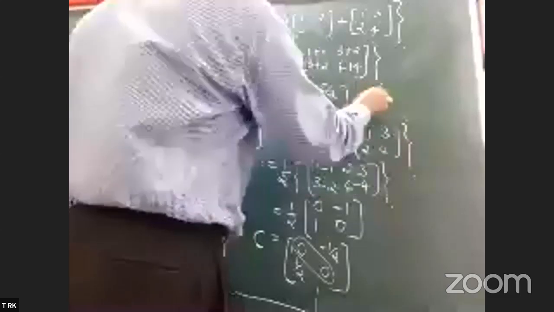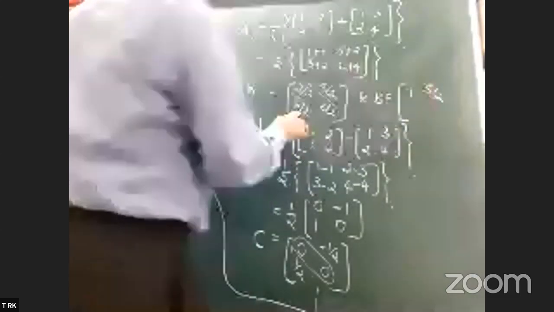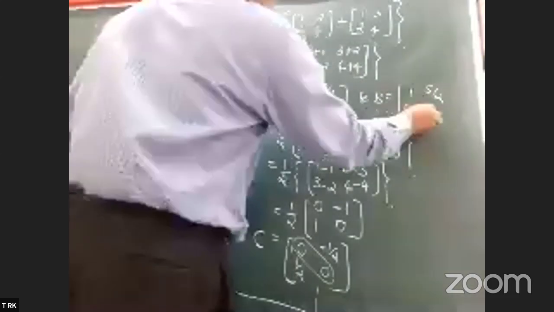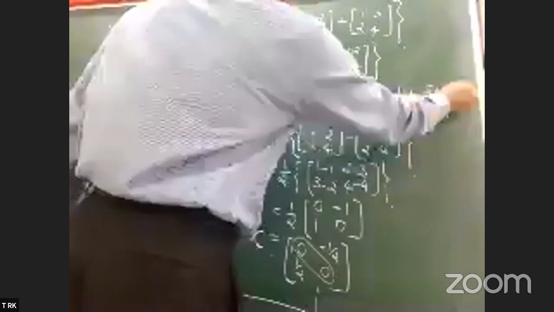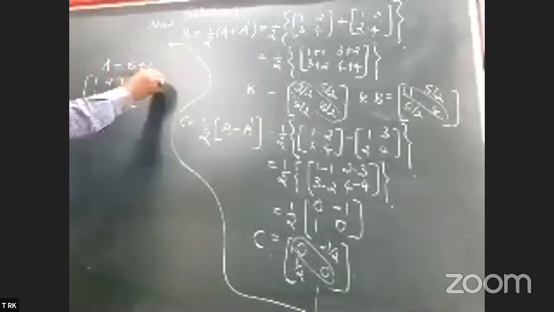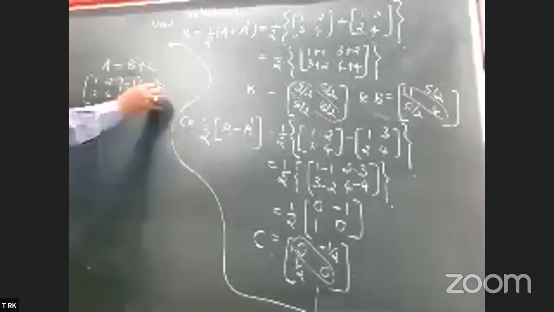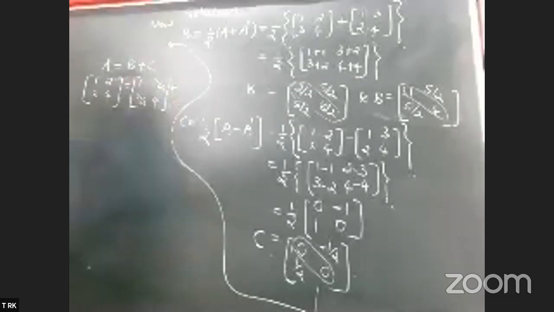That is, B is equal to 1, 5 by 2, 5 by 2, 4.